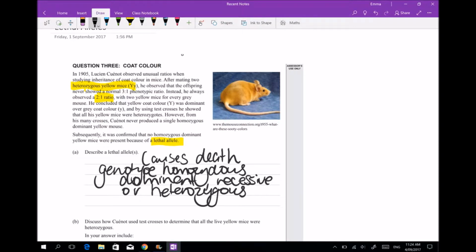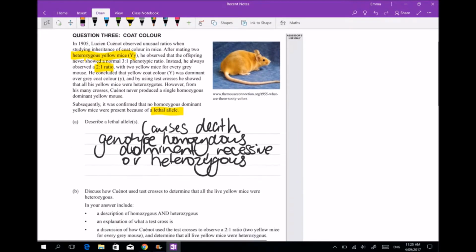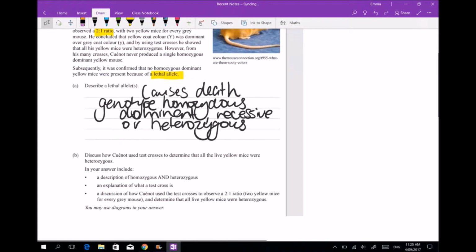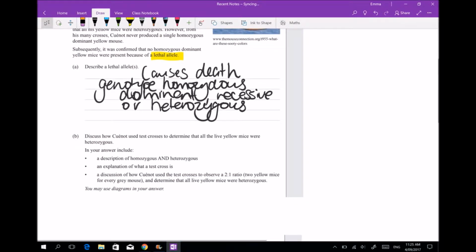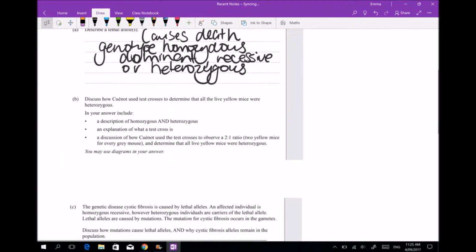Any individual that receives that genotype will die, whether that is before birth because development is affected, or just after birth because for some reason that lethal genotype combination means that that individual just can't survive. It does not have the means to live.